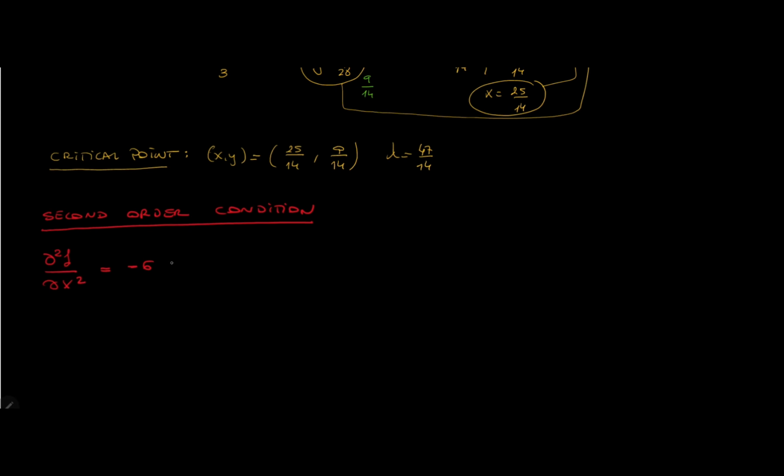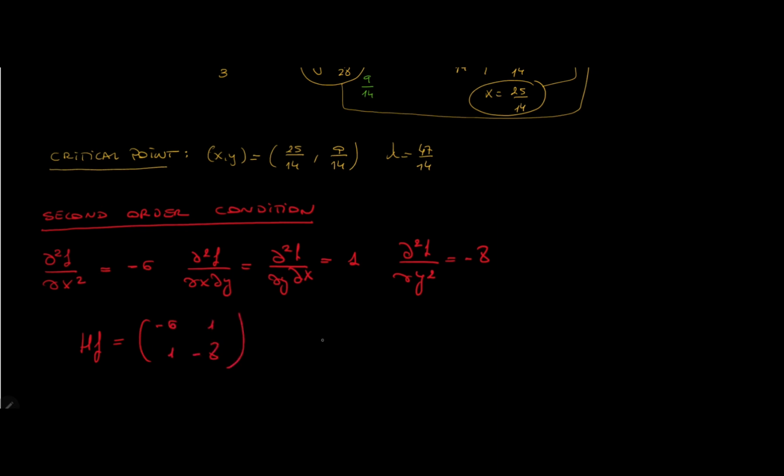Then I need the second order partial derivative x and y, and y and x, and that's 1. And the second order partial derivative y twice is equal to minus 8. So the Hessian matrix is minus 6, 1, 1, minus 8.